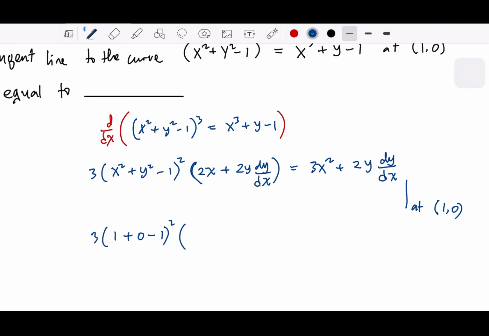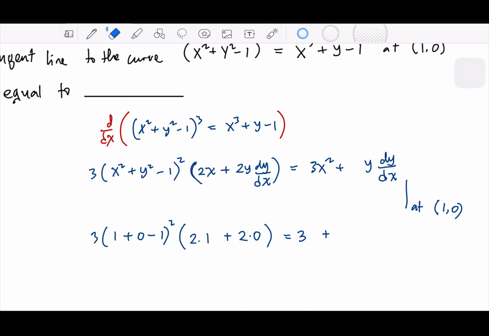And then we have 2x is 2, 1 plus 2, and then 0 equal to 3 plus, what's this?